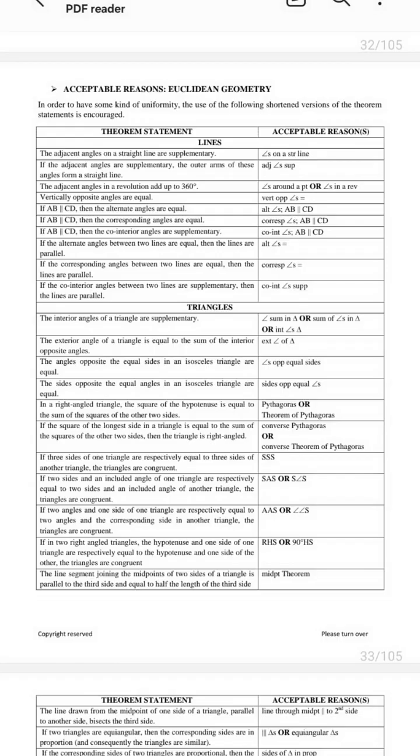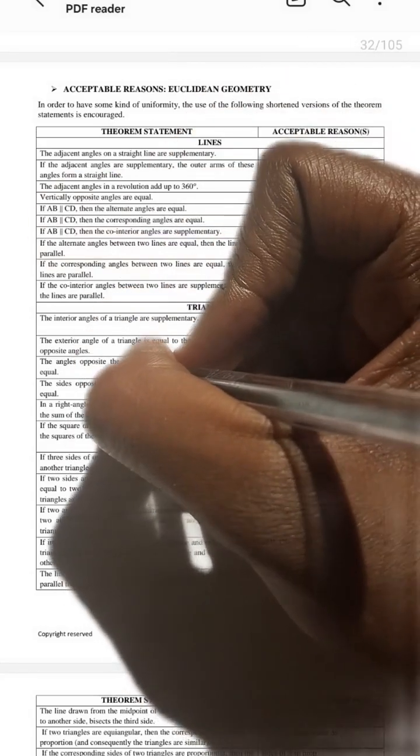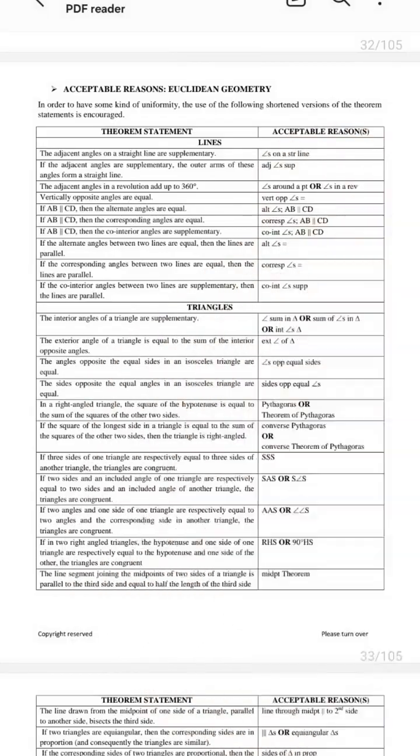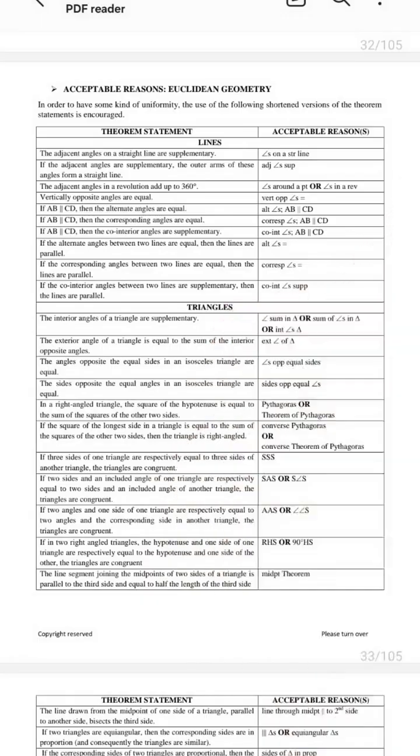And if you look at the first few theorem statements, okay, statement 1 with the reason, statement 2, 3, 4, 5, 6, 7, 8, 9, 10. The first 10 statements are theorem statements that have to do with what? With lines. The first 10 statements have to do with lines.